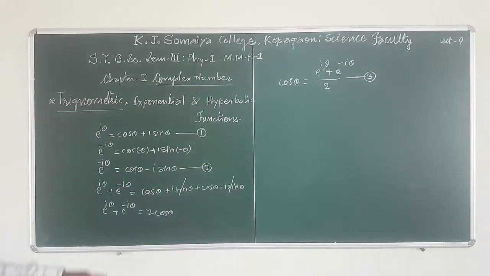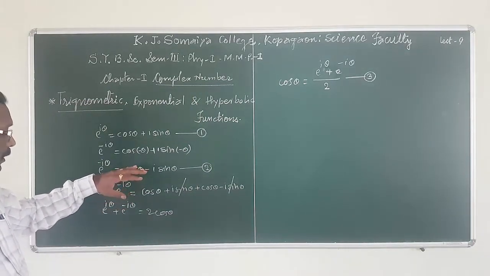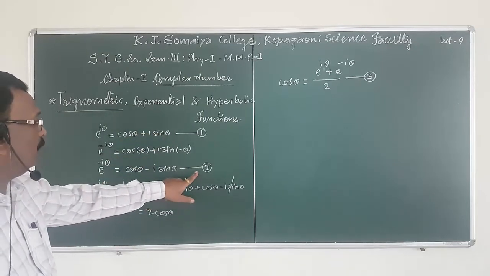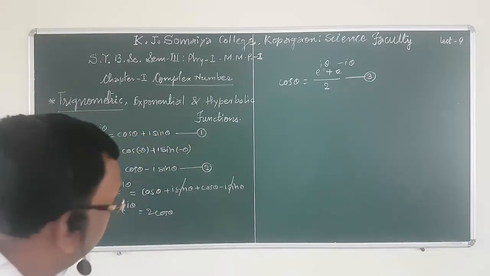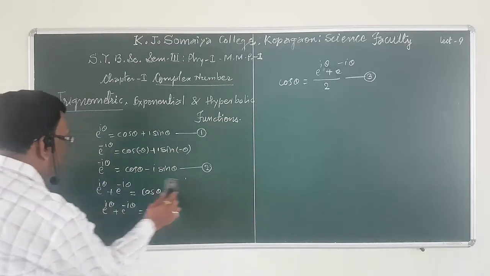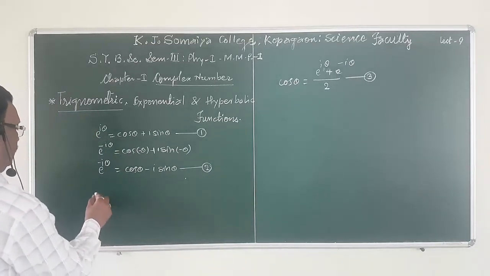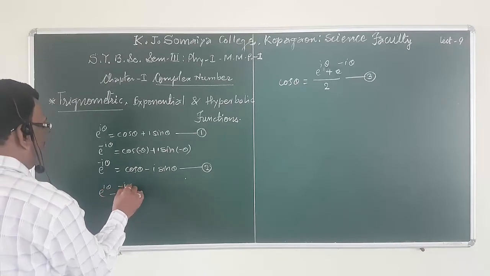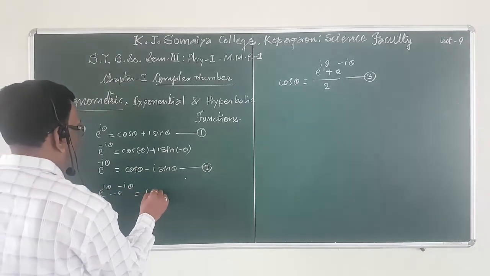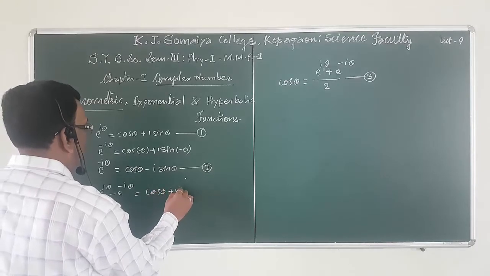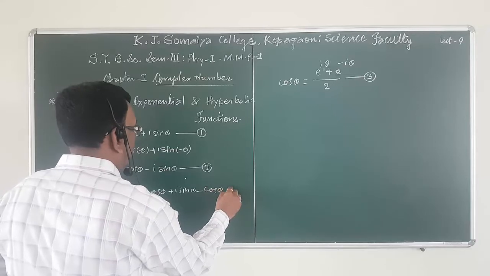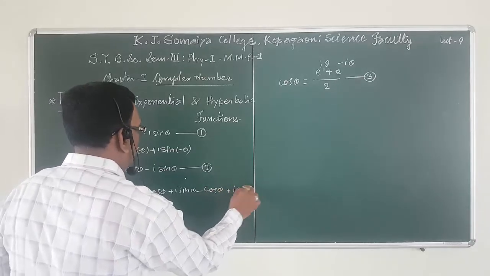Now, when we subtract equation 2 from equation 1, we have e raised to i theta minus e raised to minus i theta is equal to cos theta plus i sin theta minus cos theta plus i sin theta.